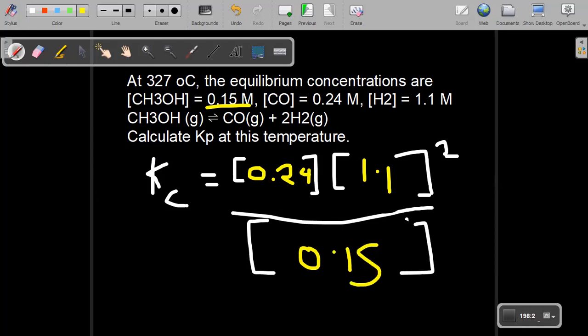Okay, so we just have to calculate that. So 1.1 squared is 1.21, multiplied by 0.24, divided by 0.15.